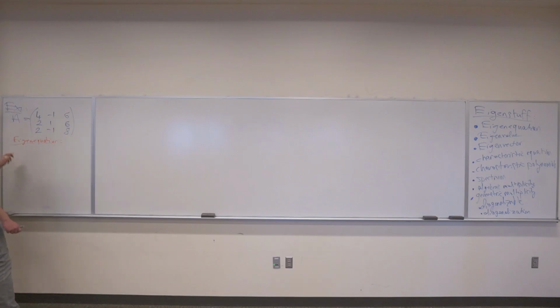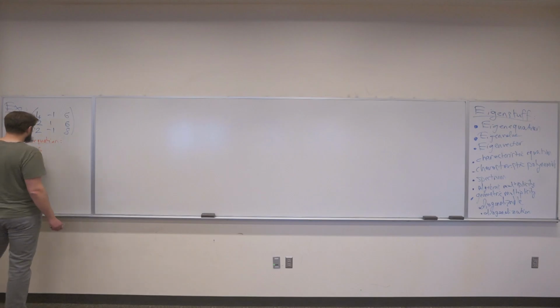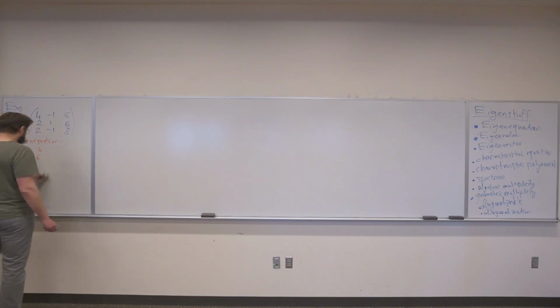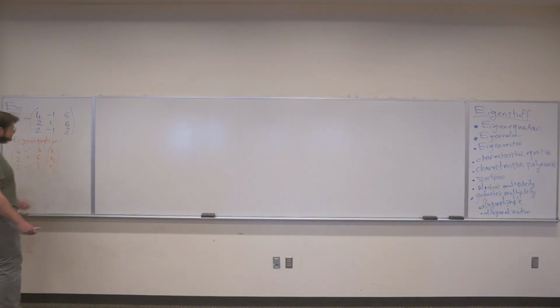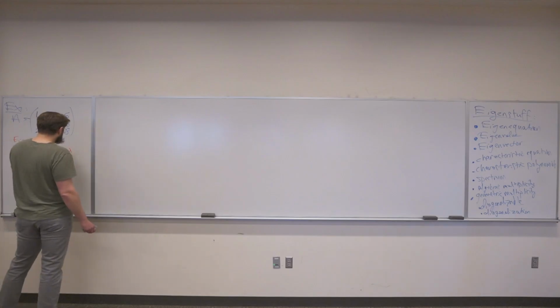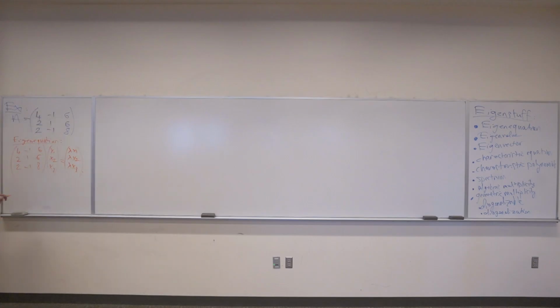Maybe we can write it explicitly: 4, 2, 2, minus 1, 1, minus 1, 6, 6, 8, times x1, x2, x3, equals lambda times the same vector, so lambda x1, lambda x2, lambda x3. In short, you can just write it like this: Ax equals lambda x. This is the eigenequation.